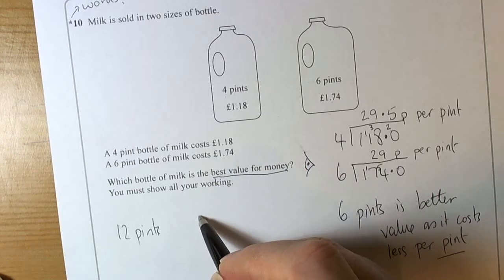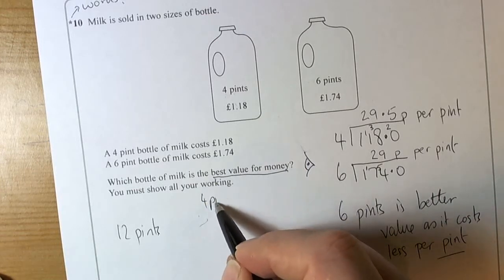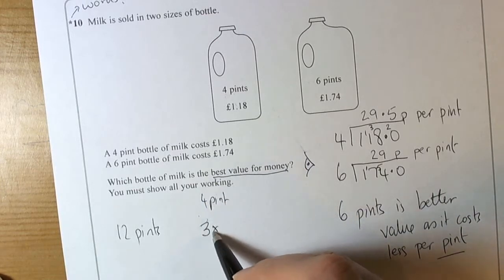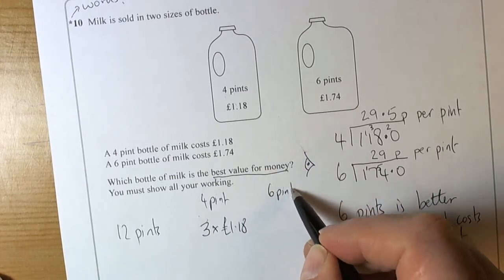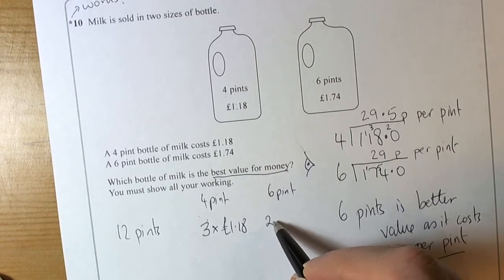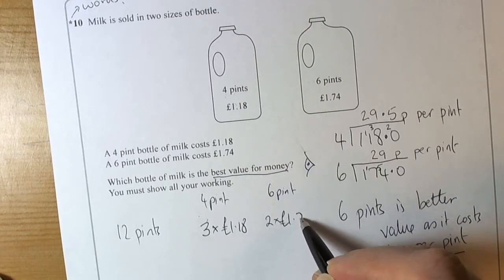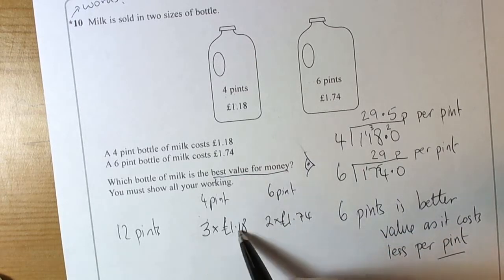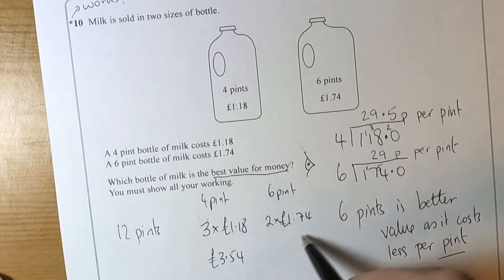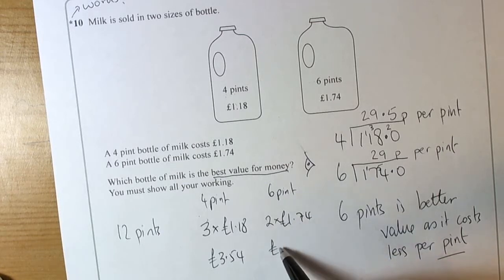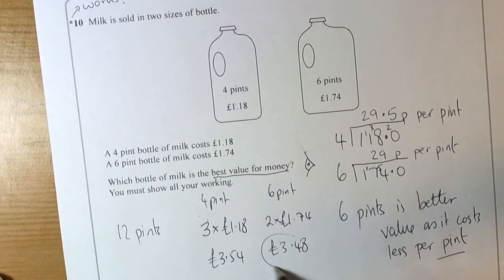So for 12 pints on the 4 pint pot, I'd need to do 3 times £1.18, and on the 6 pint pot, I'd need to do 2 times £1.74. 3 times £1.18 is £3.54, and 2 times £1.74 is £3.48. Cheaper, so better value.